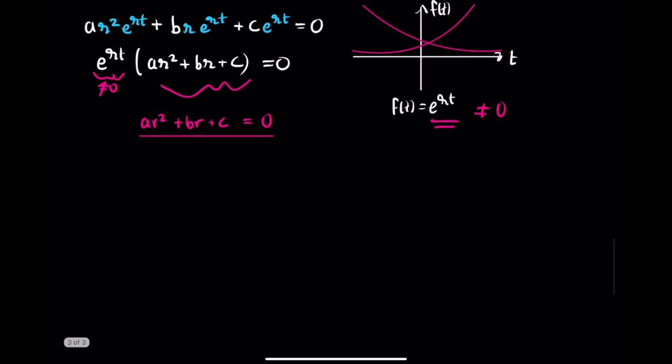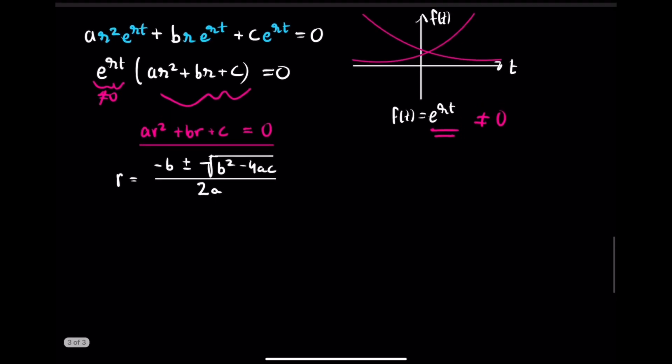Remember the quadratic formula is r equals minus b plus or minus the square root of b^2 minus 4ac, over 2a. So that's your r. Now we need to think about 3 different cases.